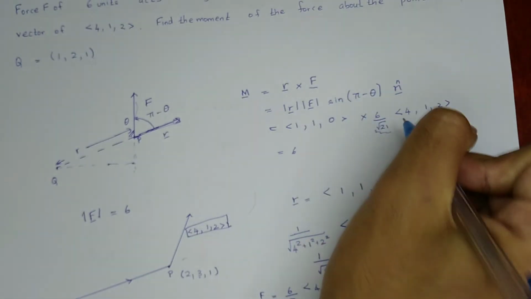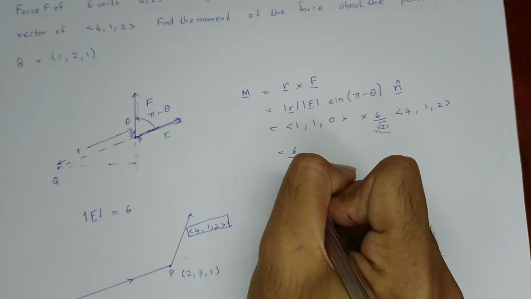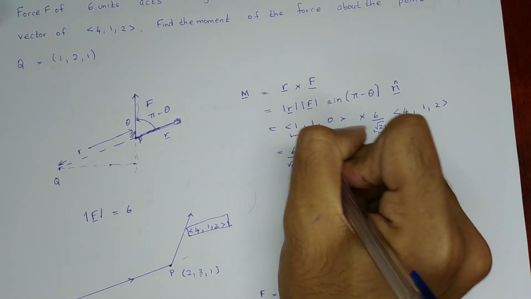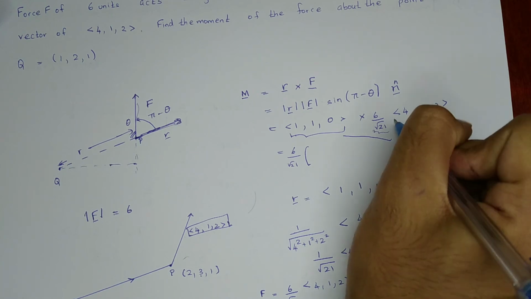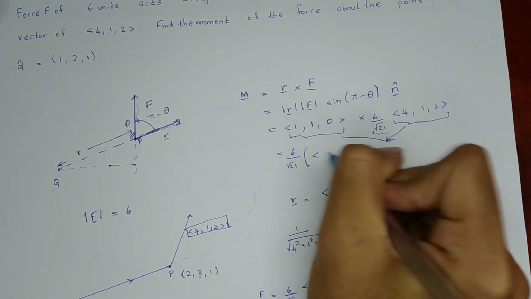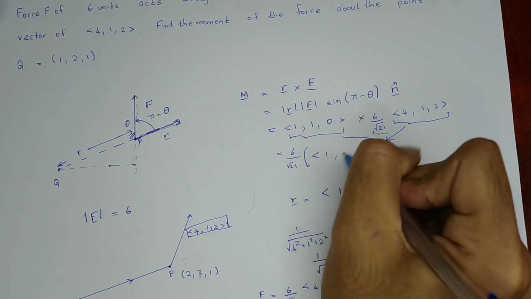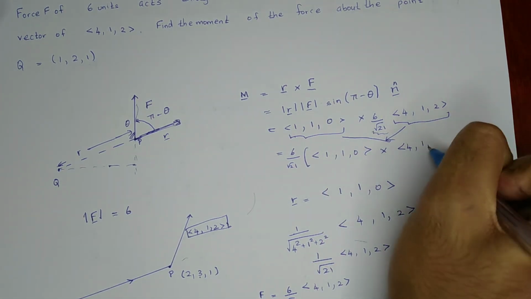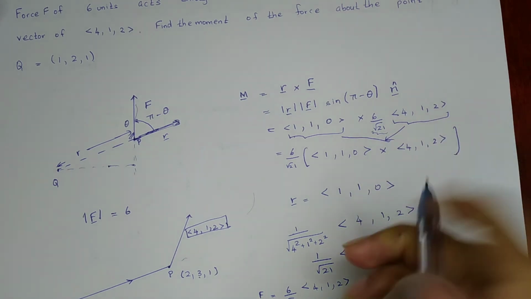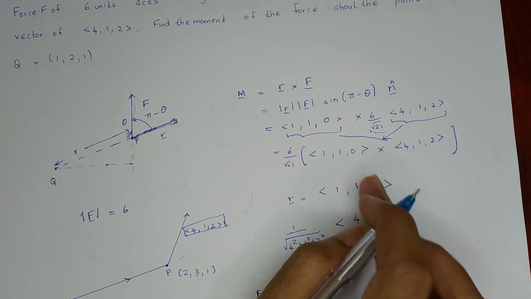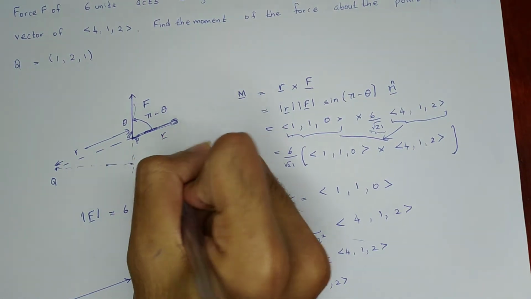And we can directly use the cross product for these two. So let's say I'm going to write it again, 1, 1, 0 cross 4, 1, 2. After that, I need to find the cross product of these direction vectors.